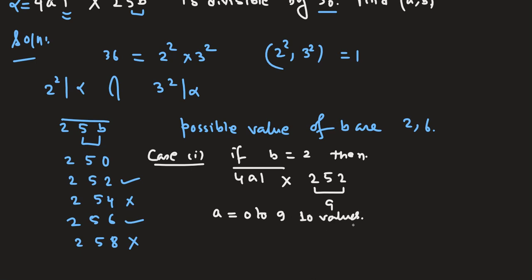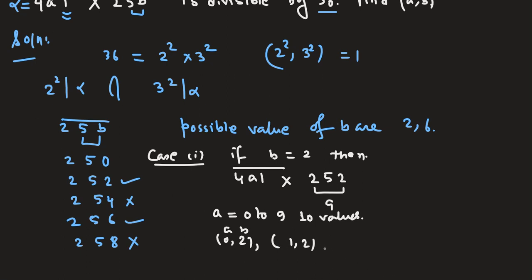So here the total number of ordered pairs will be: A is 0, B is 2, then A is 1, B is 2. B is fixed here, only the value of A we have to change.